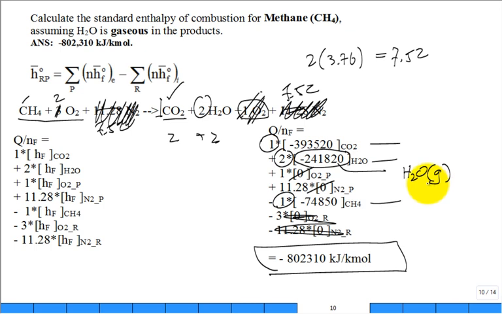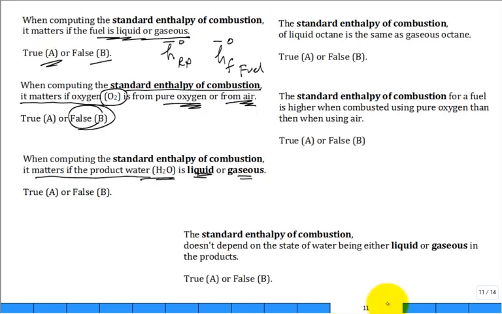That's how it'll affect it. So this one is true. It matters. The standard enthalpy of combustion of liquid octane is the same as gaseous octane. True or false? False. They have a different enthalpy of formation.